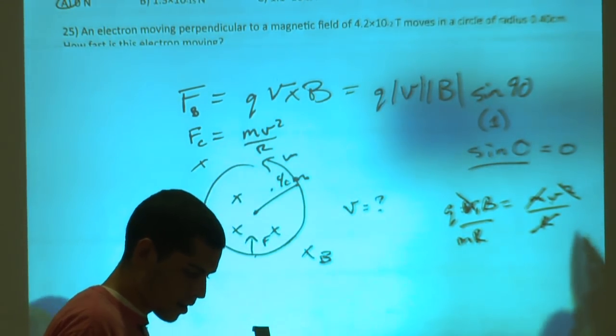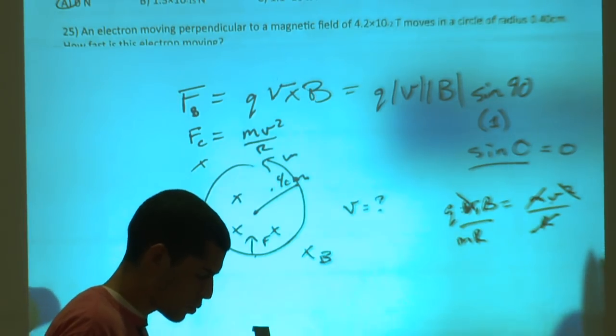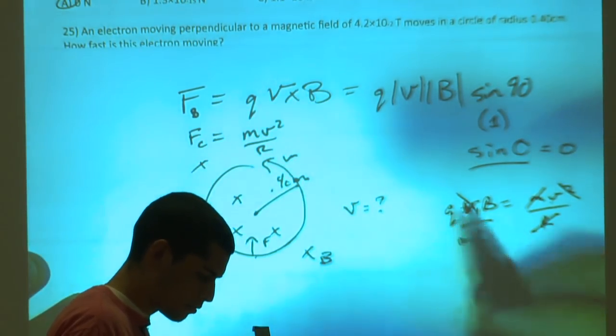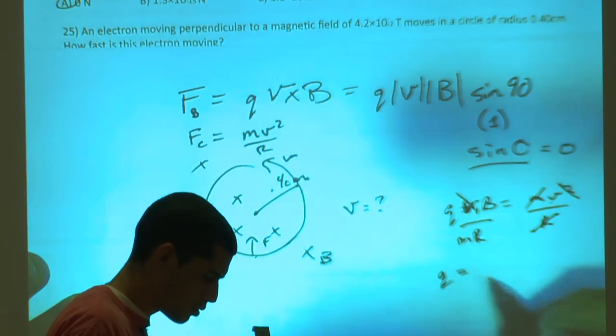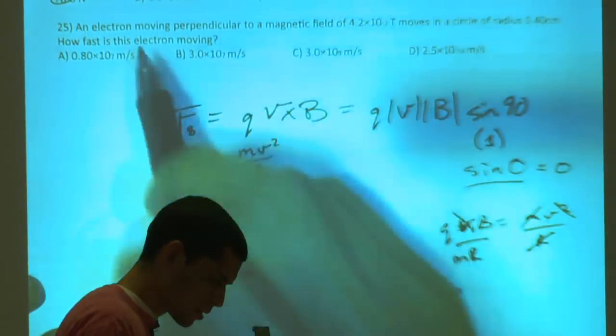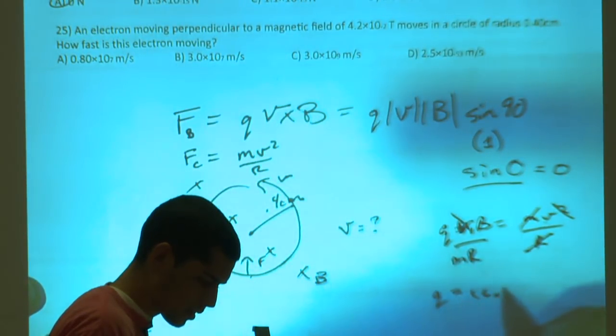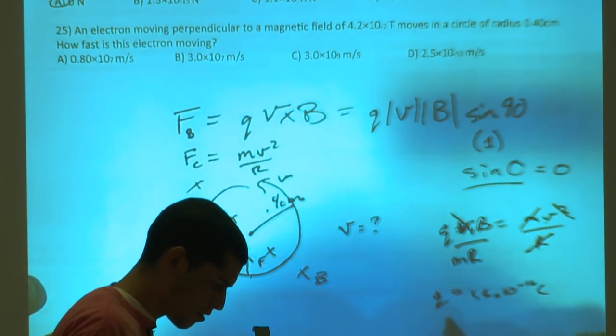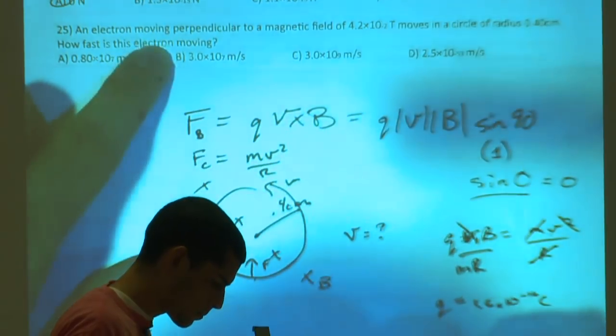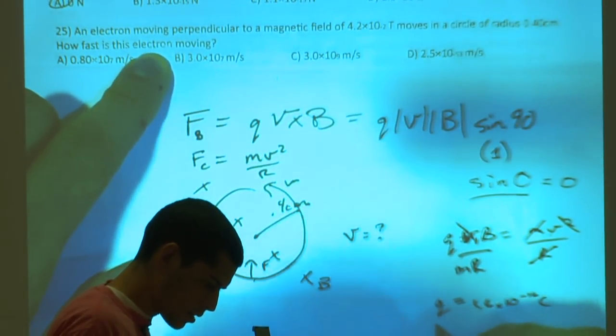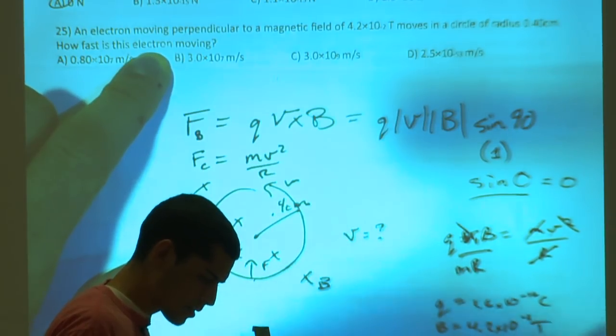We have charge, q is equal to, what is this, an electron? So 1.6 times 10 to the negative 19 coulombs. Then we have magnetic field is 4.2 times 10 to the negative 2 Tesla.